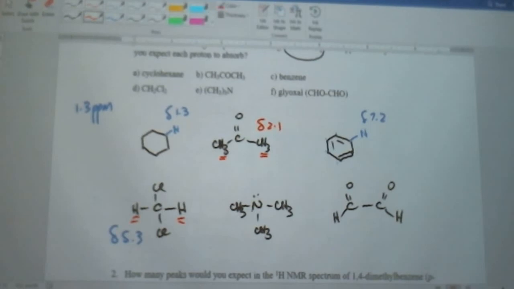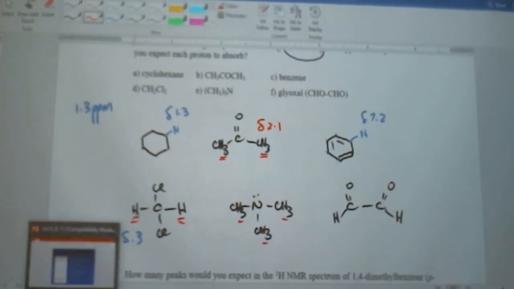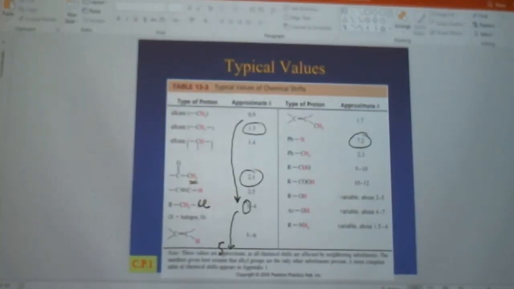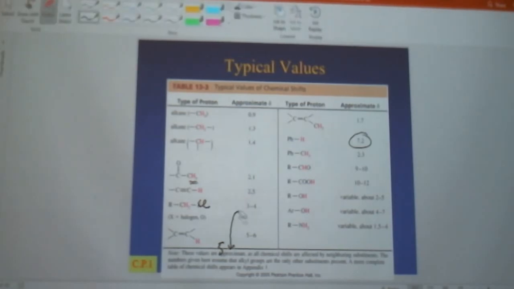Okay, how about any one of these 9 hydrogens? We have methyl groups attached to nitrogen, right?